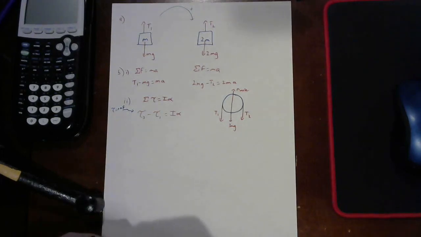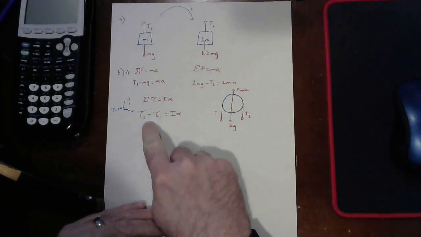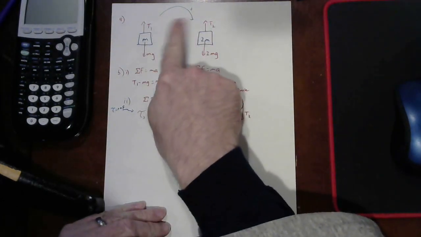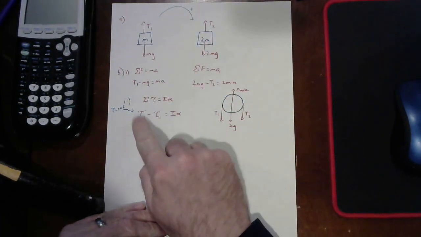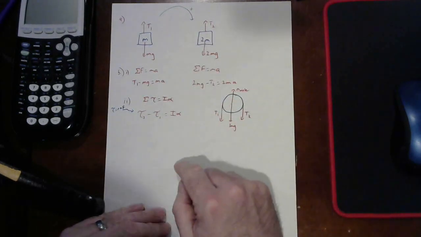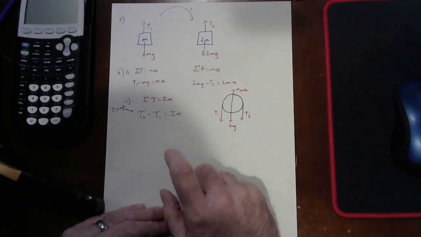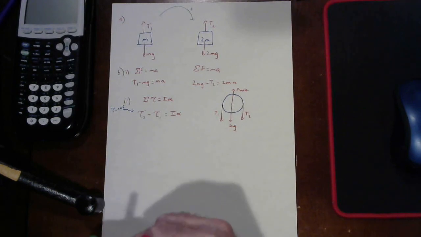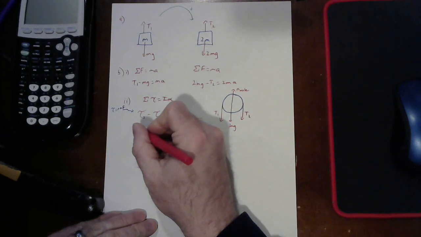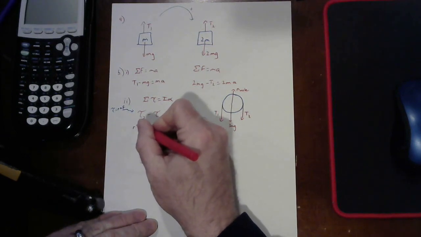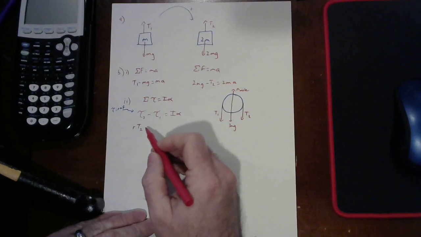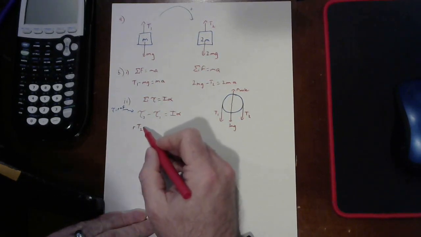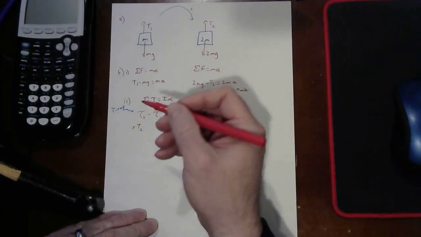Let's go ahead and see here. Now they want me to use the variables from the diagram, so I can't leave it as torque. I got to rewrite it in terms of what's given. So what I'm going to do is use my torque as R cross F. So this will be R times T2, and there'd be a sine theta in there.